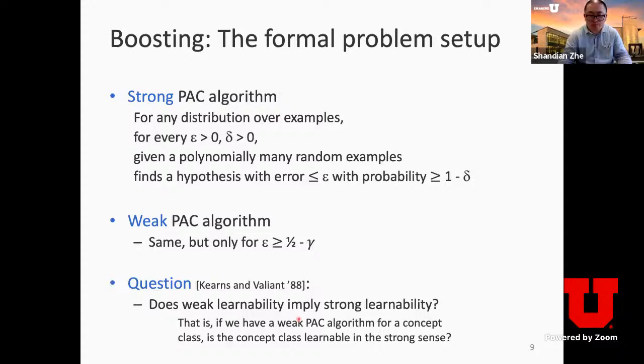And if so, how is it possible to construct such a strong PAC algorithm based on a set of weak PAC algorithms? That's how this boosting framework was formulated. It arises just from a theoretical question.